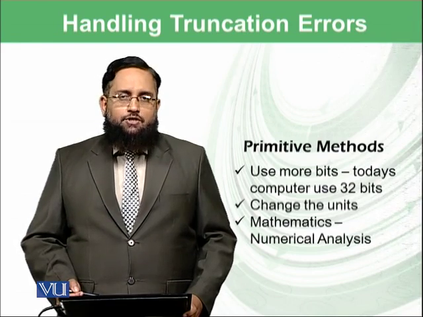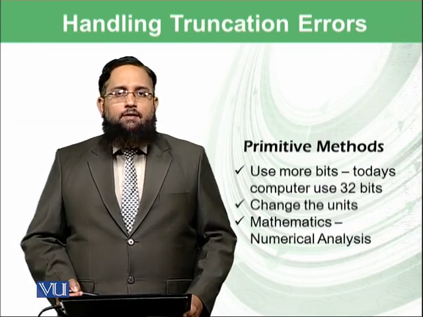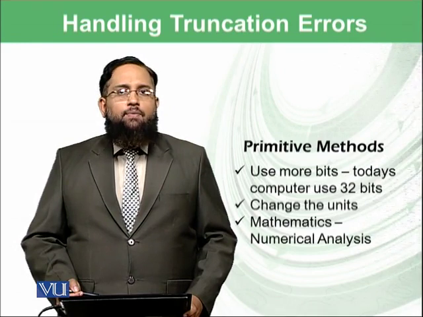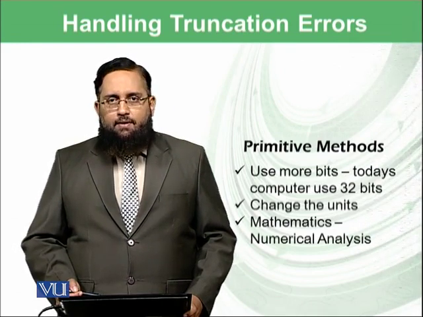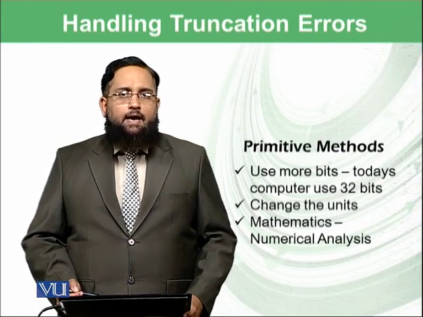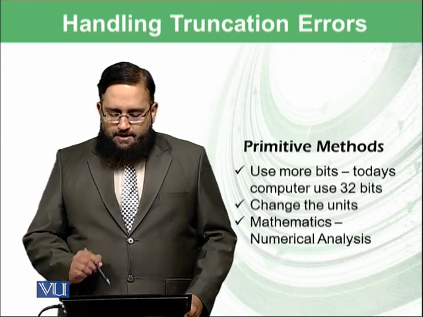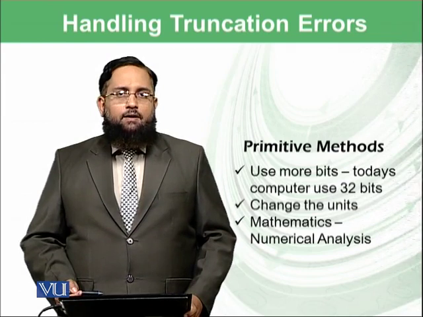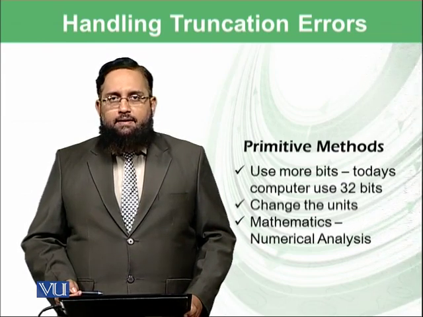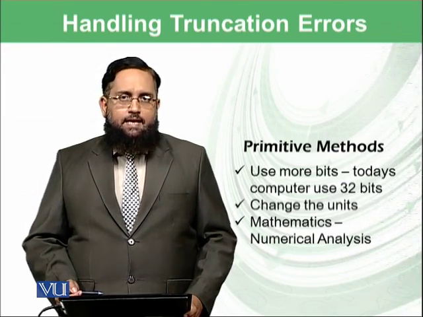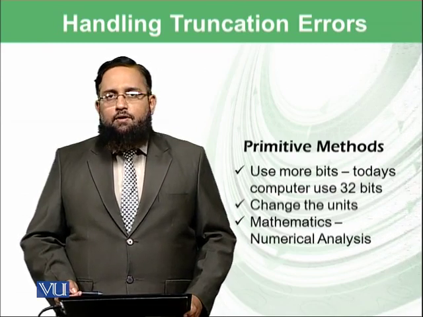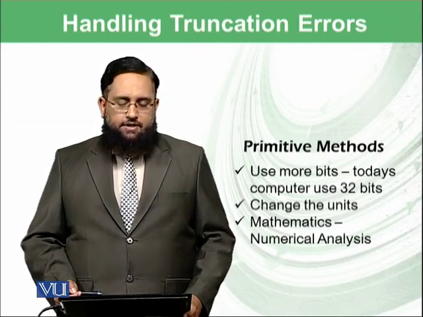In such a situation, as we have learned for truncation errors in whole numbers using 2's complement, we should try to convert the units. For example, measuring something in kilometers rather than meters would reduce the chance of truncation.